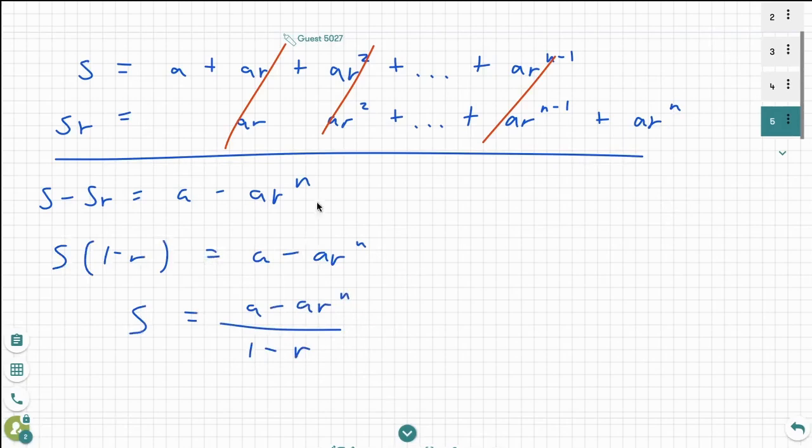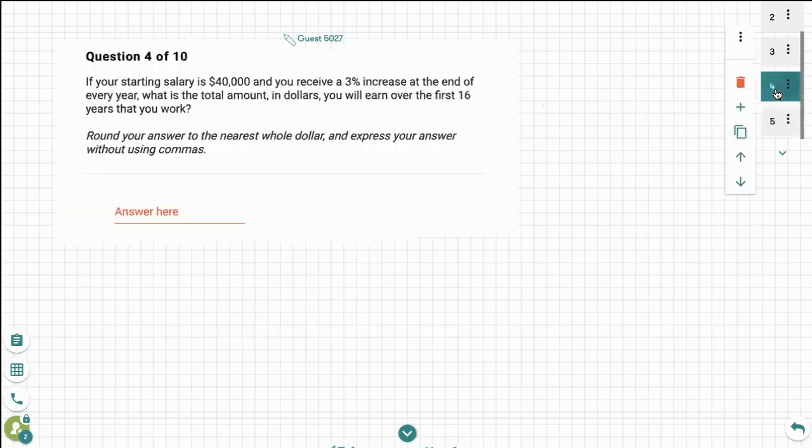Now if you applied this formula in this problem, what would your A be? What would your R be? A would be 40,000, and R would be 1.03, since it's 40,000 times 1.03.